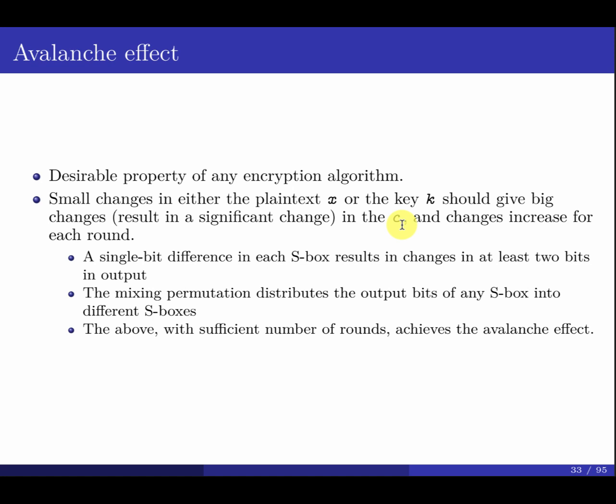So the avalanche effect is defined as, generally speaking, a small change either in the plain text, or let's say in the input, or the key, should give you a big change. Of course, this increases after you perform multiple iterations. One thing we can look at: a single bit difference in each S-box should result in a change of at least 2 bits on the output.